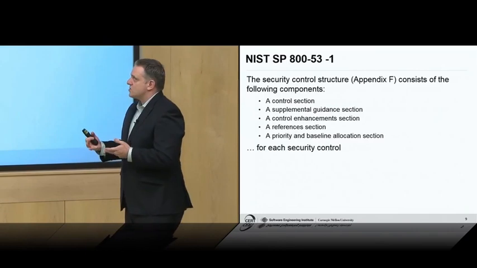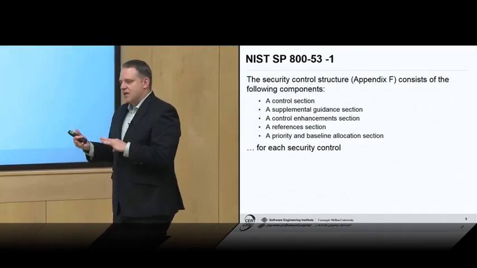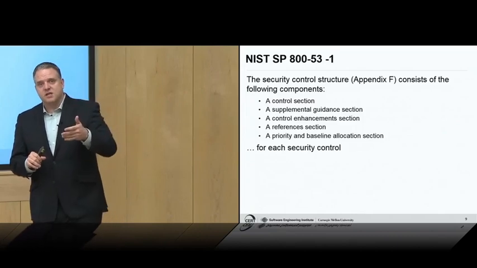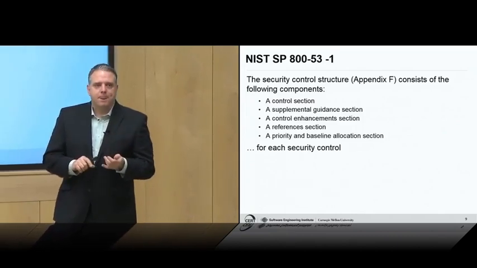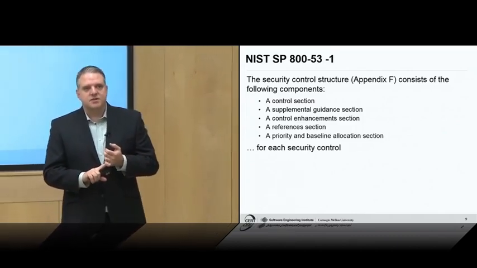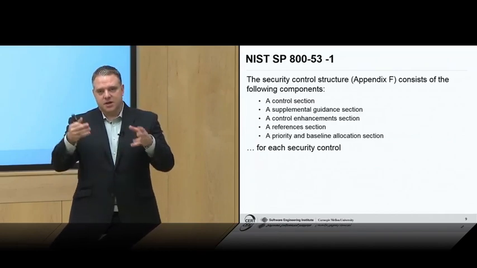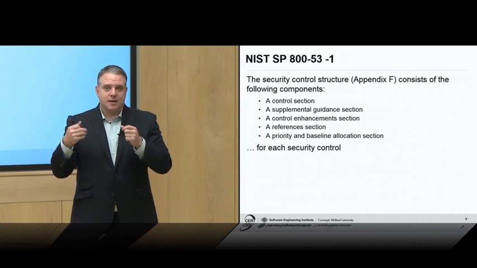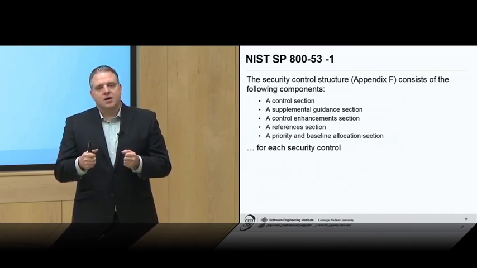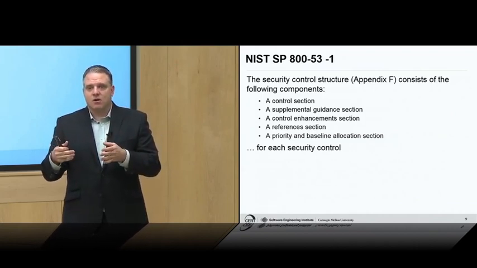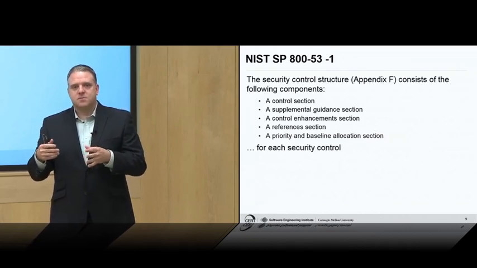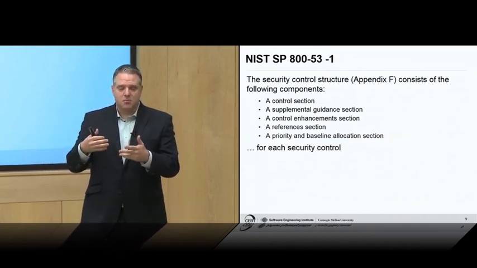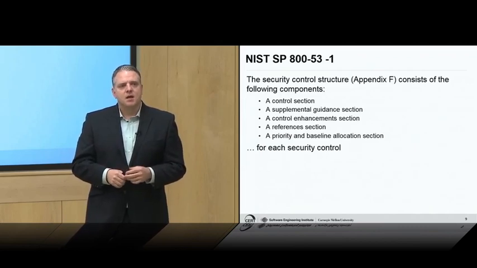The security control structure that you'll see in 853 if you open up the document, there are several sections for each control. The control section tells you about the control itself, supplemental guidance, so how to implement that control, control enhancements. These are guidance or tips for making that control better at the cost of more resources to implement it.